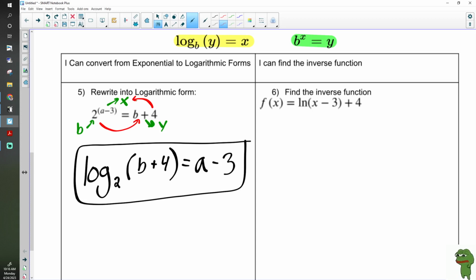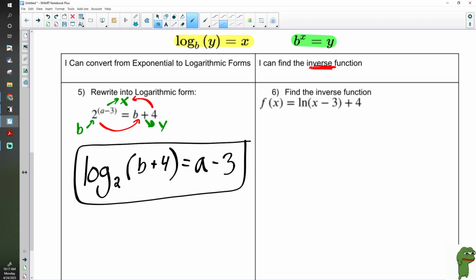Okay, now we're going to do basically the exact opposite. We are going to find the inverse. Right now my function has an ln, so it's a logarithm, which means I need to turn it into an exponential. So just like we did before, we're just going the other way.